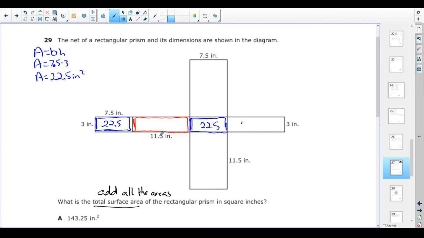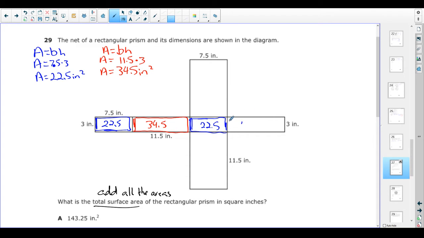Let's look at this next one. So this is 11.5 by 3. Still area is base times height. Only this time it's going to be 11.5 times 3. That is 34.5 squared.